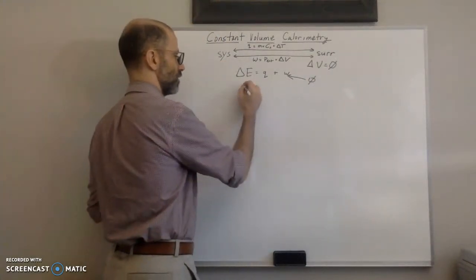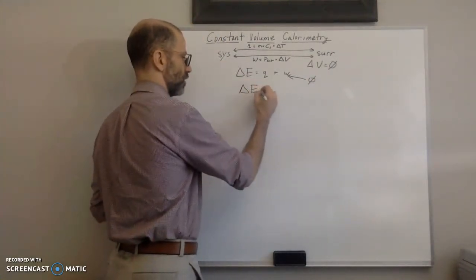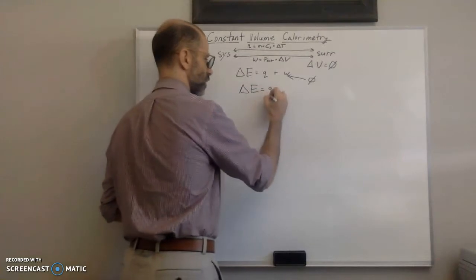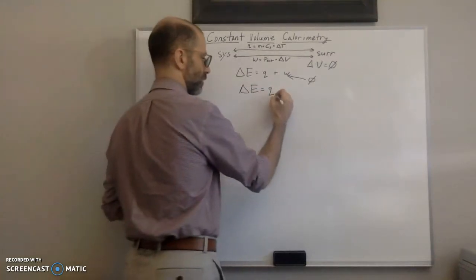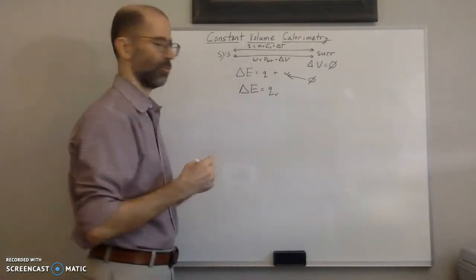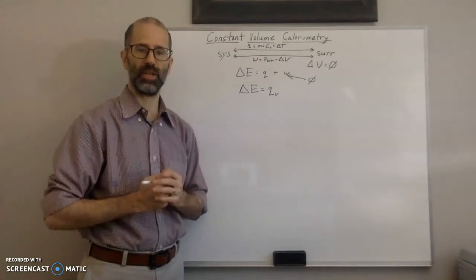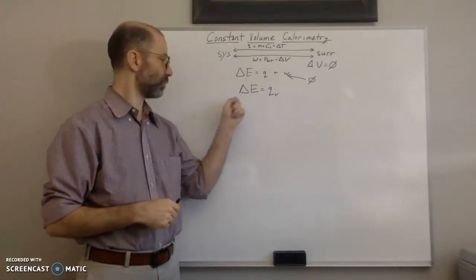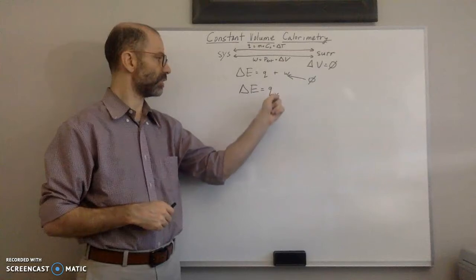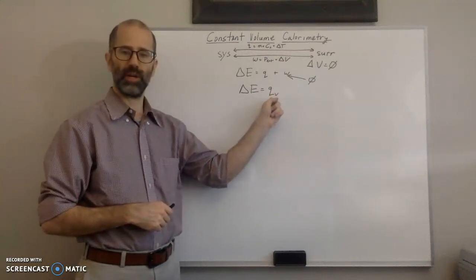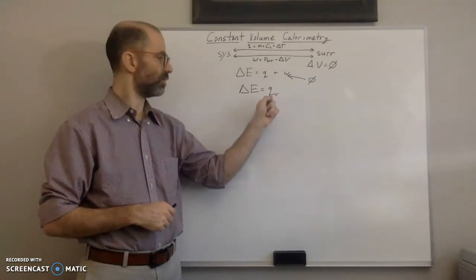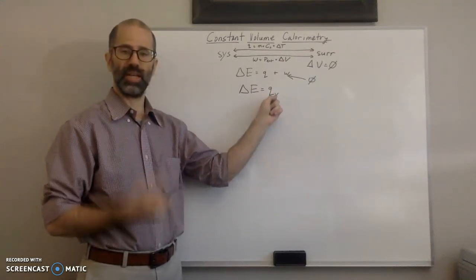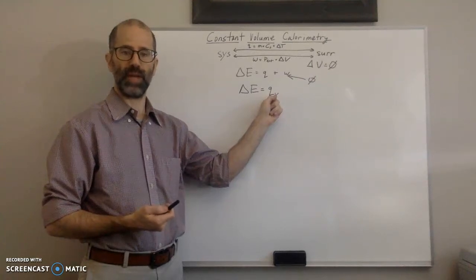So in this case, the change in energy is going to be Q at constant volume, just the amount of heat. So if we could do a calorimetry keeping the volume constant, then we could figure out the heat evolved from the reaction.